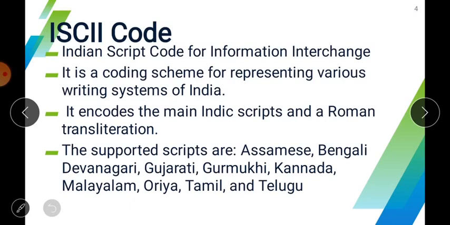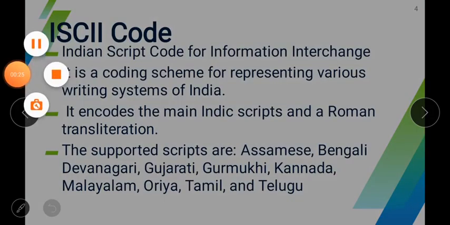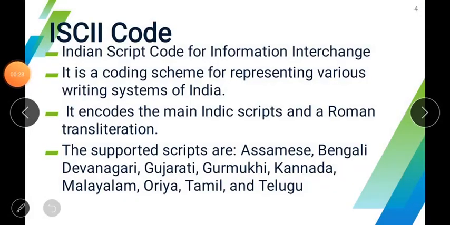Also, this code has been made mandatory for the data being collected by organizations like the Election Commission and for projects such as the Land Record Project, etc. The scripts supported by this code are Assamese, Bengali, Devanagari, Gujarati, Gurmukhi, Kannada, Malayalam, Uriya, Tamil and Telugu.